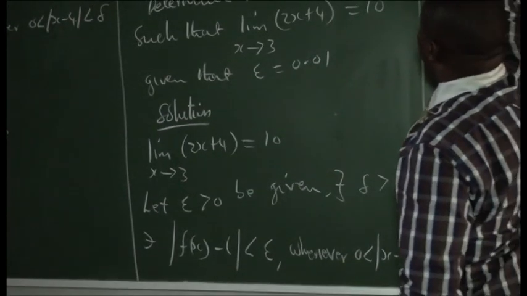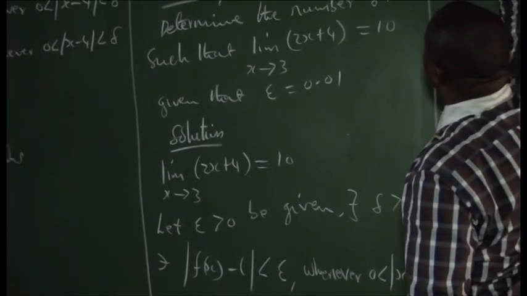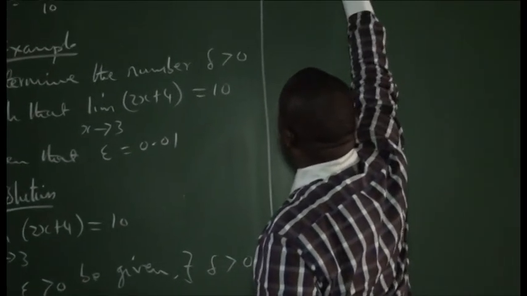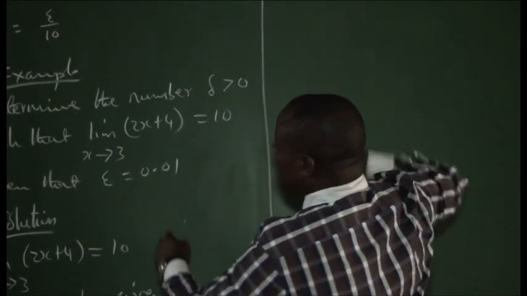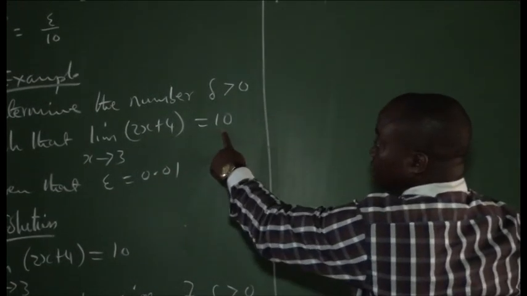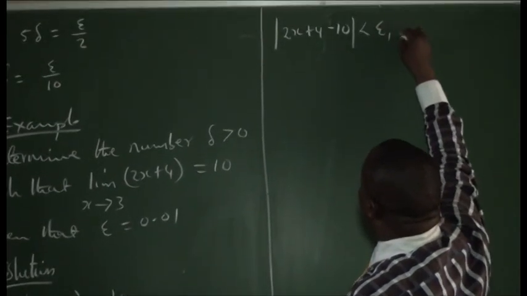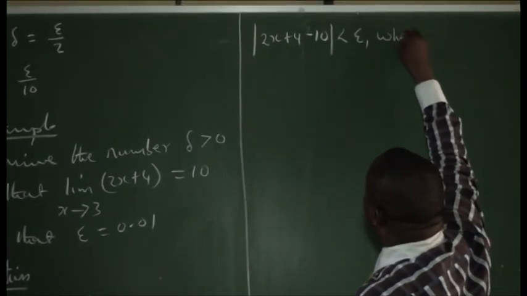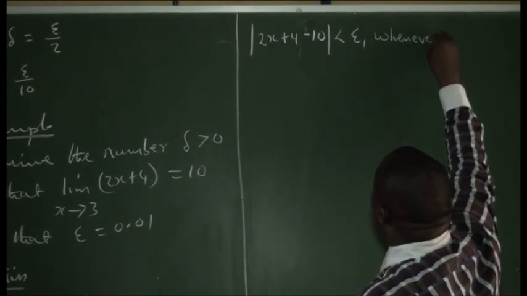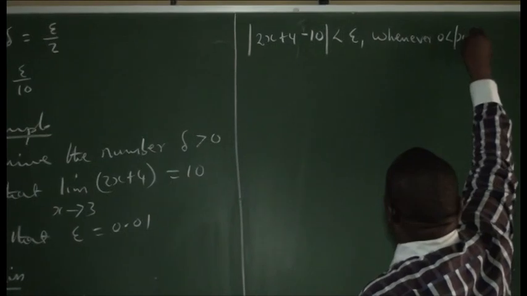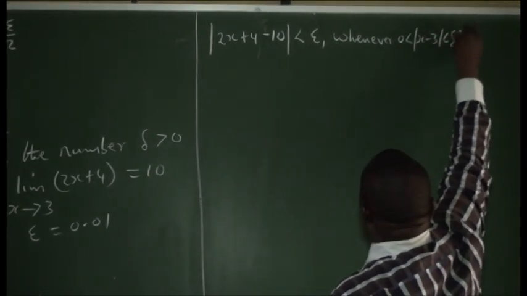So that will imply that the absolute value of 2x plus 4 minus 10, look at that, because here we have shown that the limit is 10, so minus 10, will be less than epsilon whenever 0 is less than |x minus 3| and less than delta.